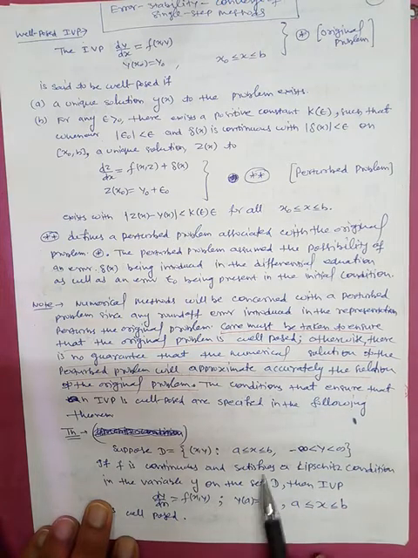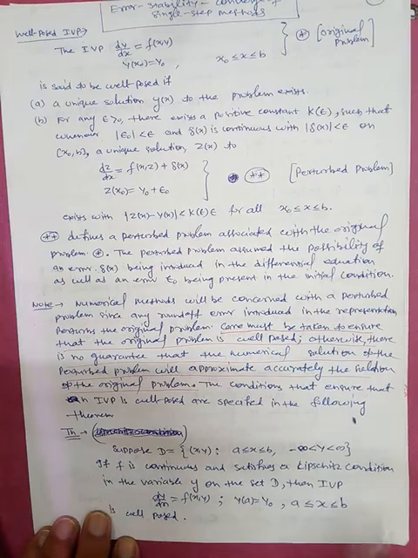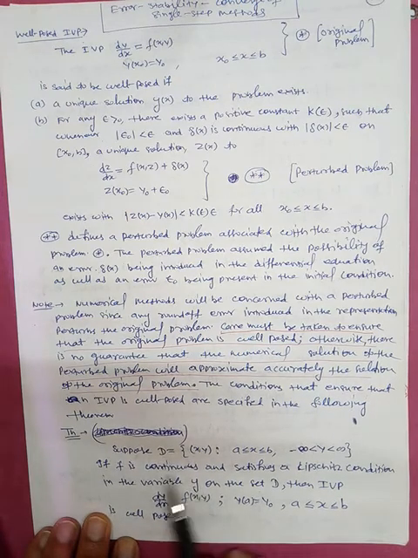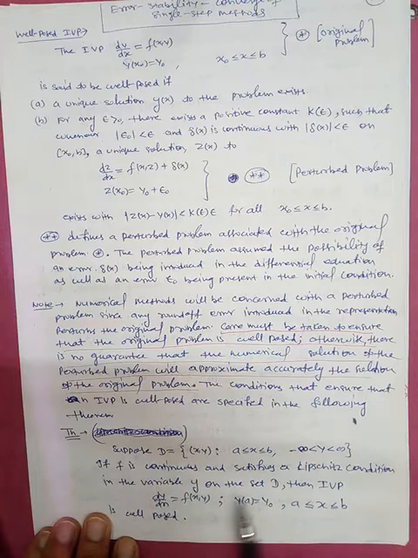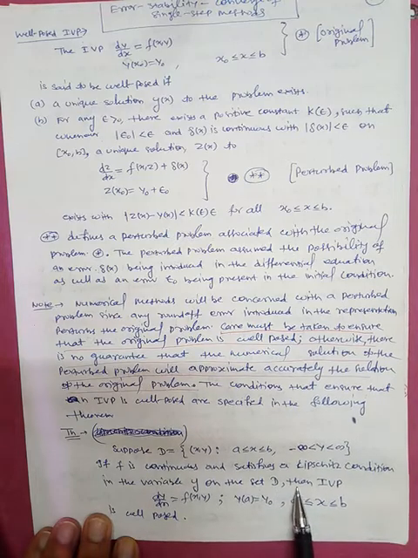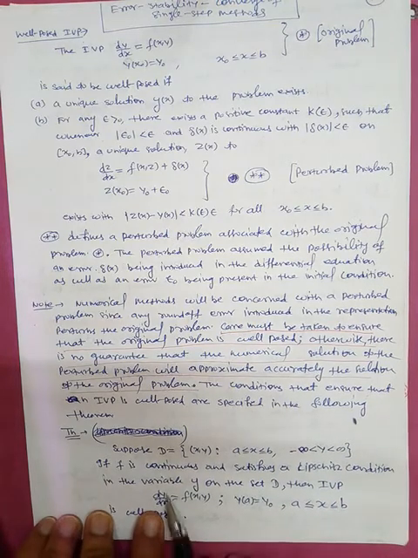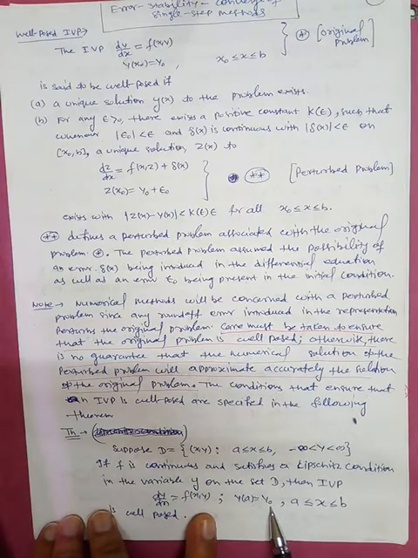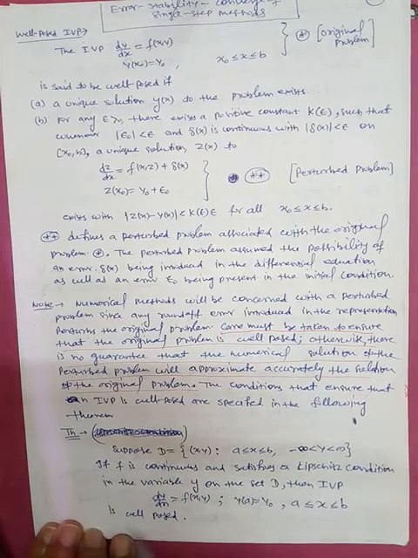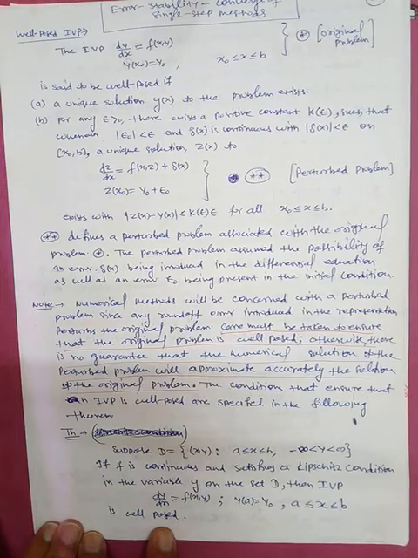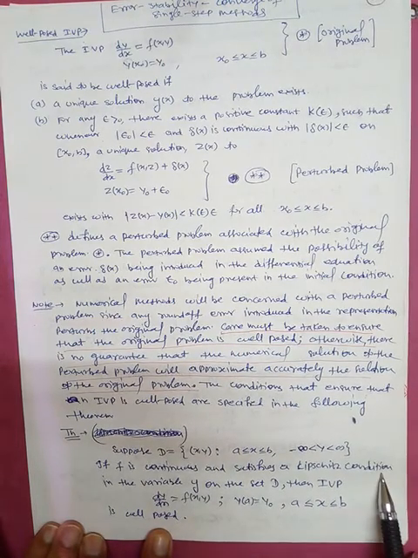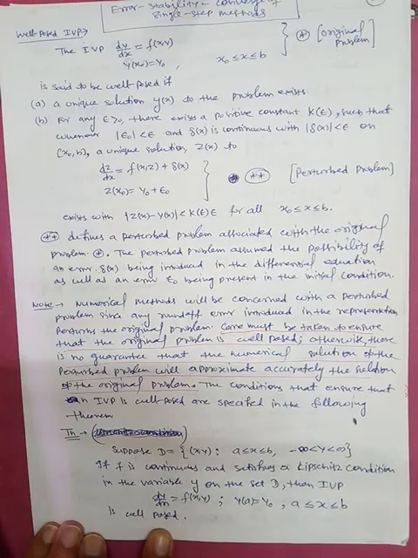So if f is continuous and satisfies a Lipschitz condition in the variable y, very important, the variable is y here, on the set D, then the initial value problem dy/dx = f(x, y), y(a) = y0, where x varies from a to b, is well posed. That means what is the condition? That the function should be continuous and satisfy the Lipschitz condition in this domain. Then we will say that this differential equation is well posed.